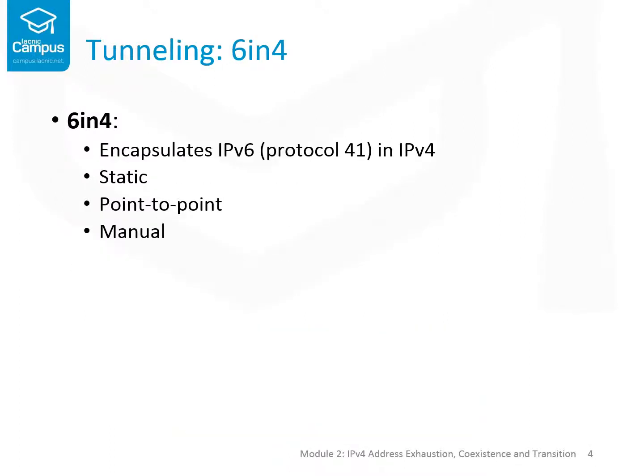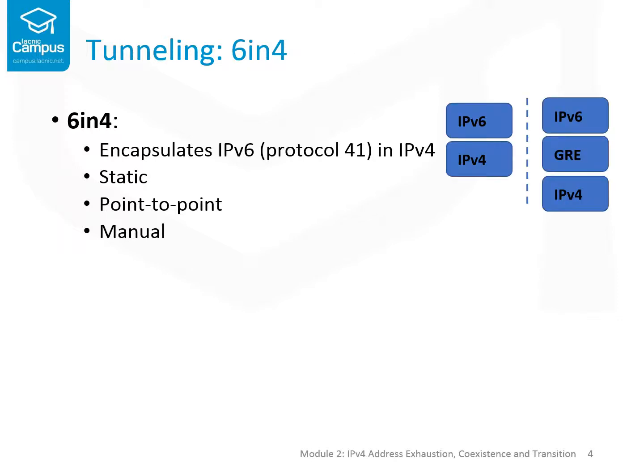6-in-4 tunnels encapsulate IPv6, identified with protocol number 41, in IPv4. These are static, manually configured point-to-point tunnels. IPv6 can be encapsulated directly in IPv4 or a GRE header can be used.